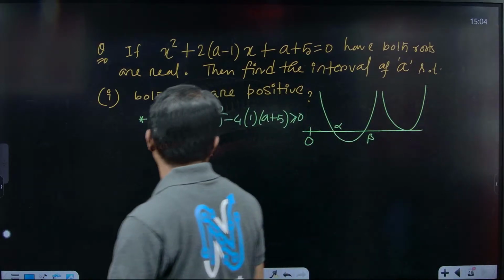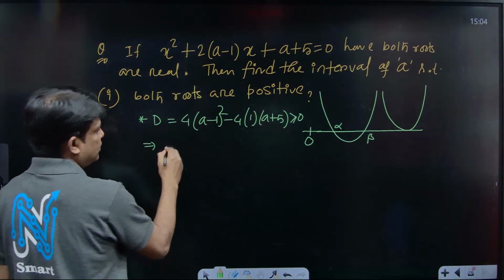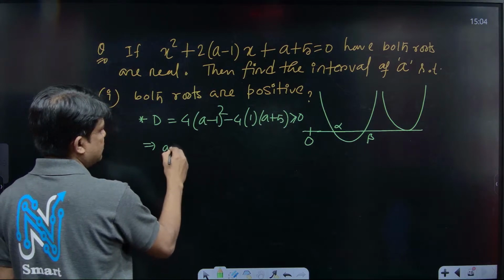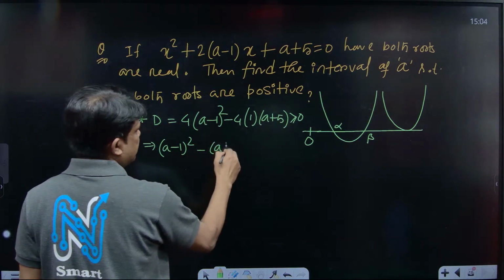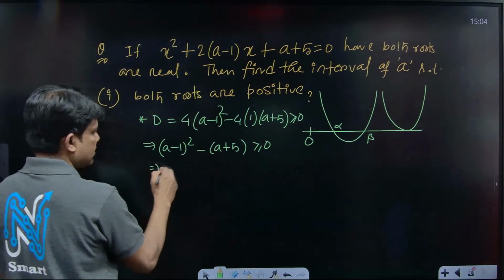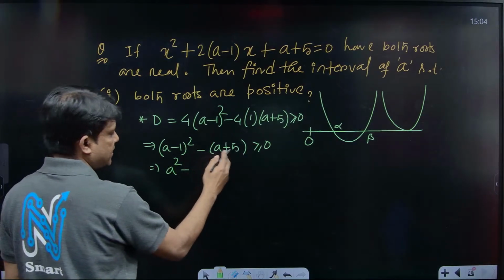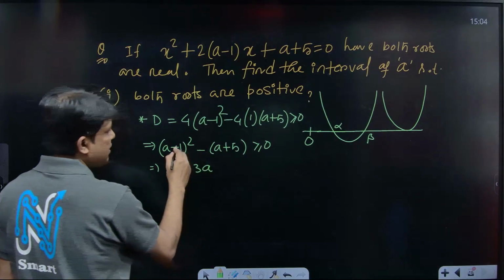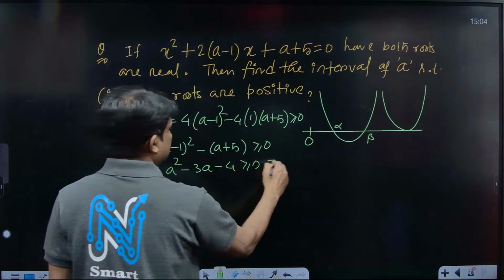So divide by 4. This is (a minus 1) whole square minus (a plus 5) greater than or equal to 0. So a square minus 2a minus a minus 3a plus 1 minus 5, this is minus 4, greater than or equal to 0.